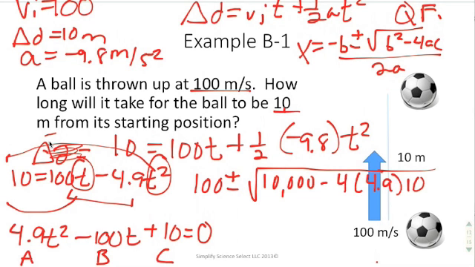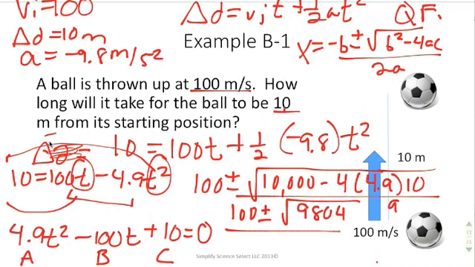So now we have 10,000 minus 196 is what is going to be in our square root value. So we basically have the value of 10,000, but let's go ahead and get our exact numbers. 9,804, and then all of that is divided by the term 2a, which was 9.8.